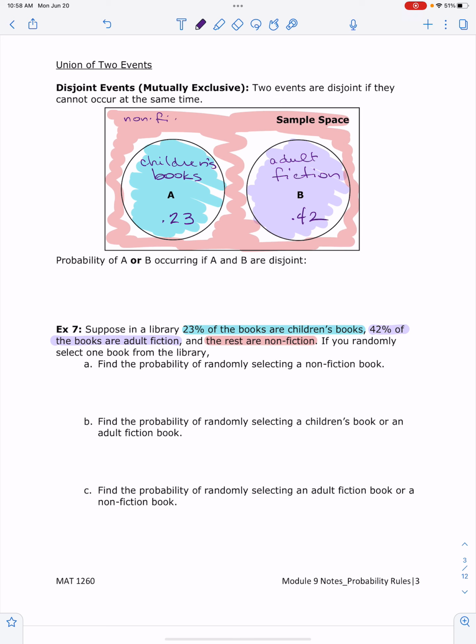We know that we have to add to 100%. So we have the 23 and the 42, which gives us 65% covered by the adult fiction and the children's books. That means the probability of randomly selecting a nonfiction is going to be 1 minus the probability that it's not nonfiction.